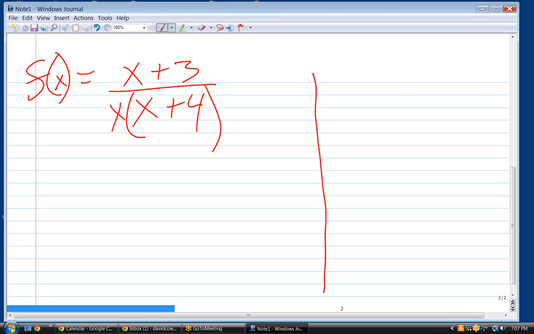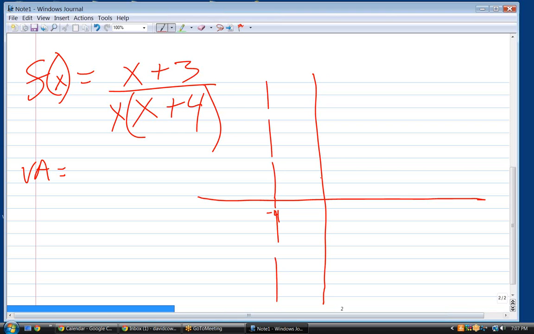Where are our vertical asymptotes? Negative 4 and 0. So x equals negative 4, x equals 0. How about horizontal asymptotes?